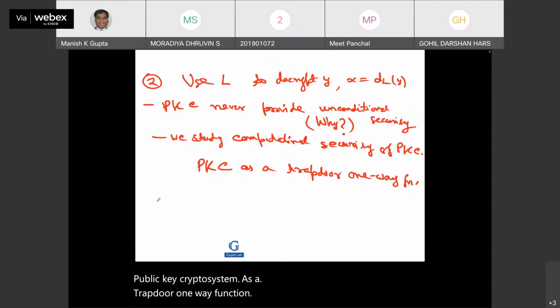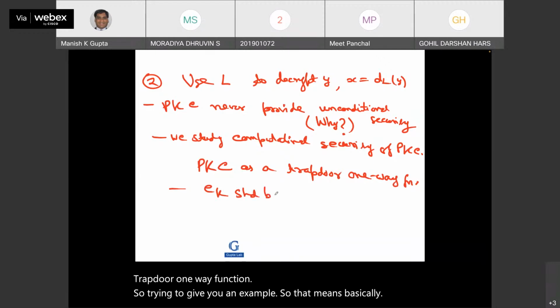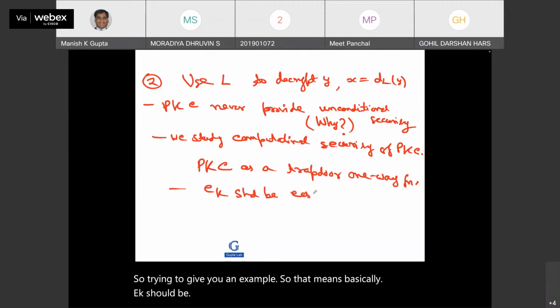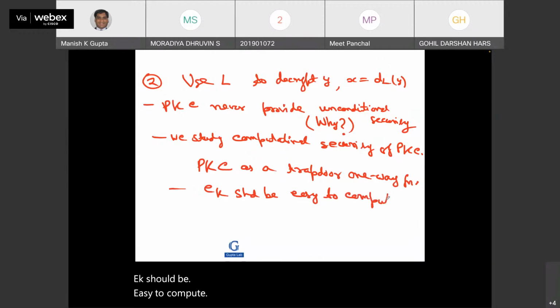So trying to give you an example. That means basically EK should be easy to compute, and computing the inverse should be hard.